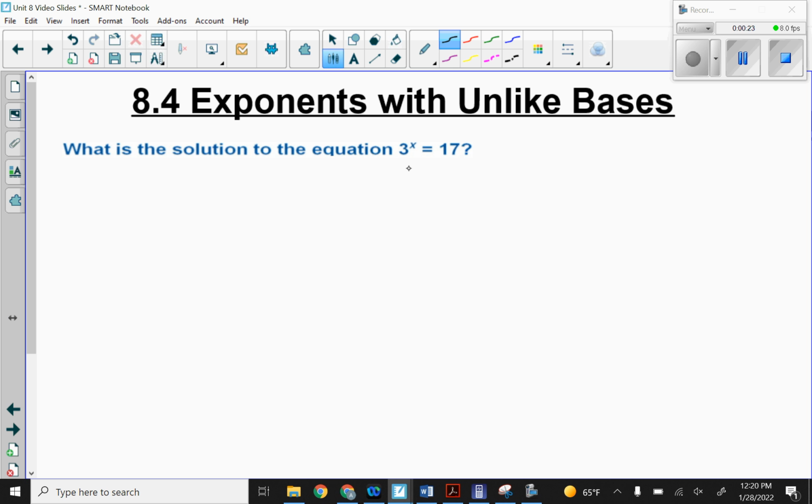So, when this is the case, we want to put this equation, 3 to the x equals 17, into not exponential, but log form. So we would have log base 3 of 17 equals x.